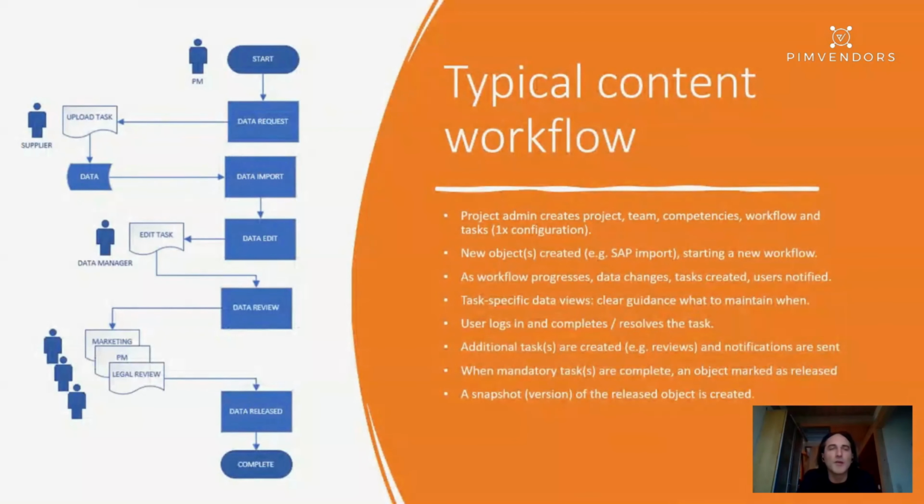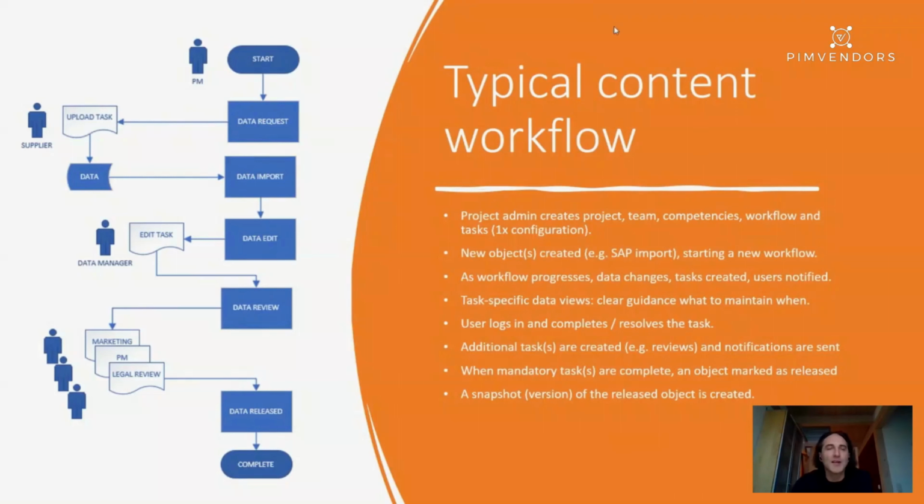Here is a typical workflow in the system, and we'll go through this live in a second. Somebody initiates a workflow and requests data. That creates a task, either manually or automatically, which then results in an action. As the workflow progresses, more tasks can be created.